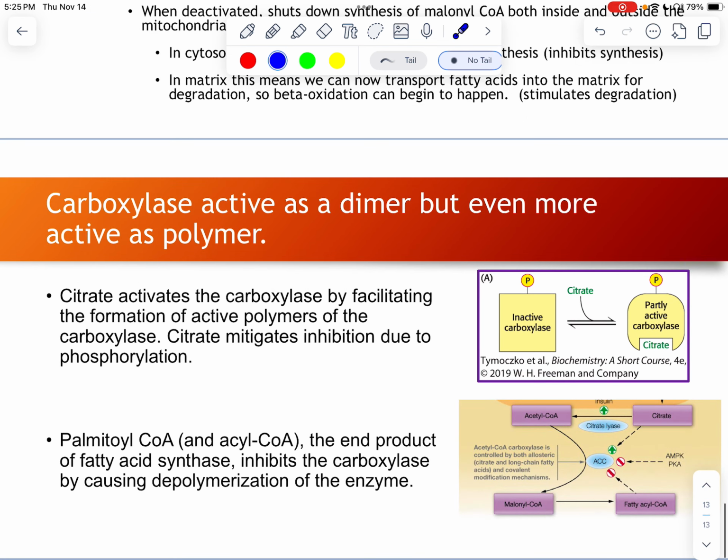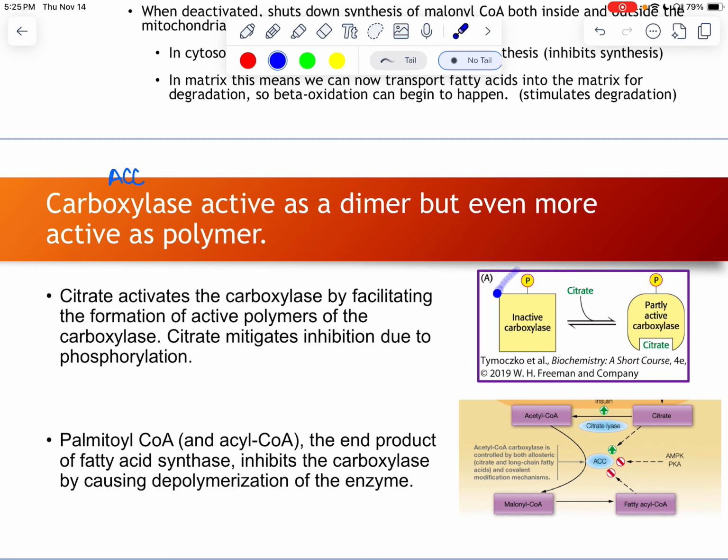All right, one last thing, because it's kind of interesting. Carboxylase, our ACC enzyme, is active as a dimer, so two of them together, but even more active as a polymer. And it turns out that citrate activates the carboxylase.